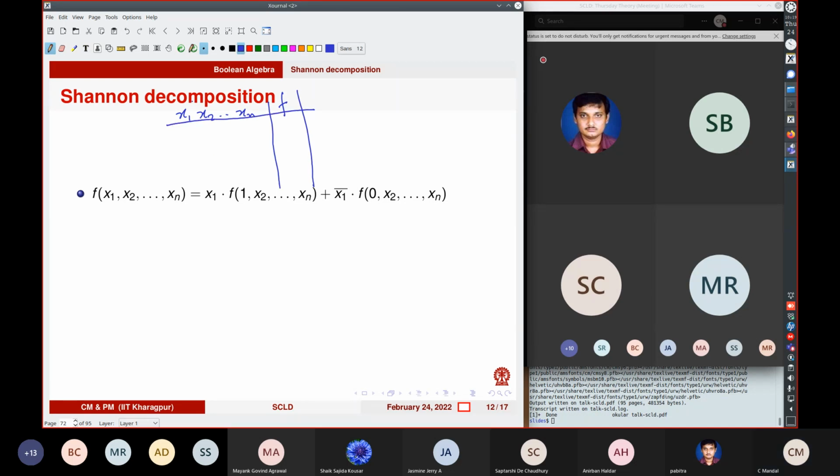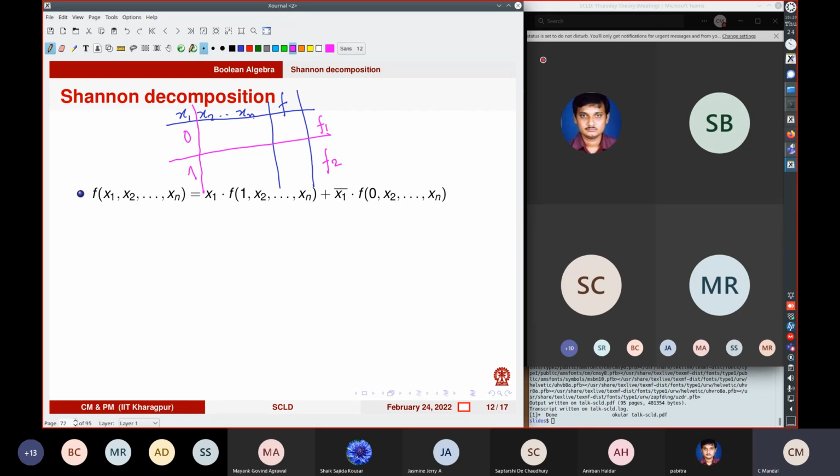Now you can divide this into two parts. Here x1 is 0 and here x1 is 1. If you do it that way, you can think of this as a function f1 and this is a function f2.